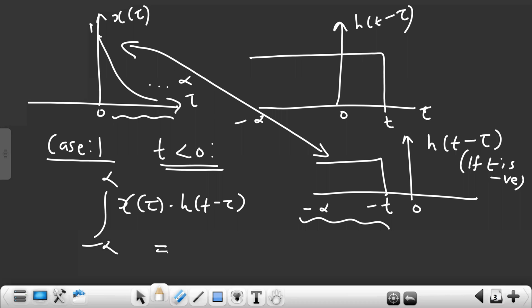So when you multiply, your answer will be 0 for this particular case, because there is no common time in which both signals exist simultaneously. I hope it is clear for you. Any doubts? Please don't hesitate to ask.